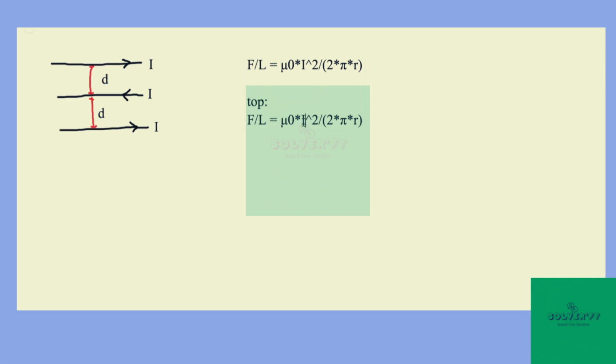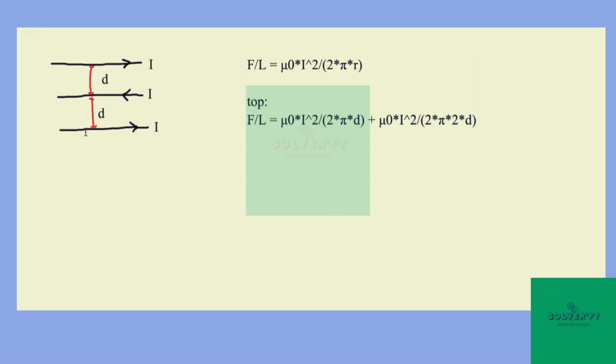Again, the magnitude is just I, and it's separated by a distance d. Now we want to add the force coming from the bottom wire, which is a distance 2d away. So this d now becomes 2d. Actually, we'll just leave it like this.